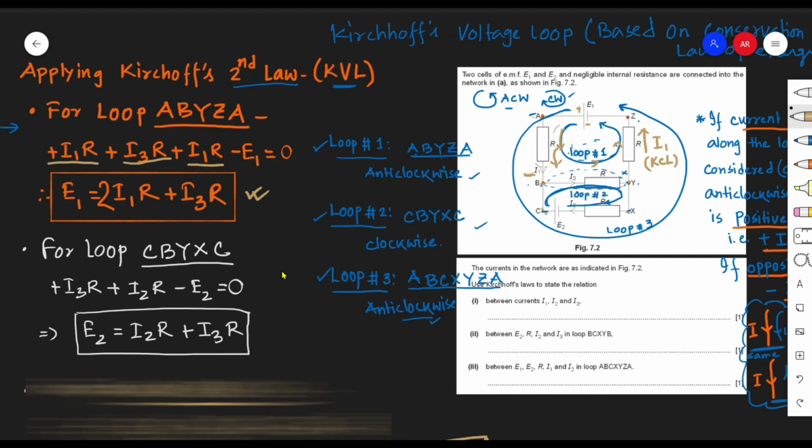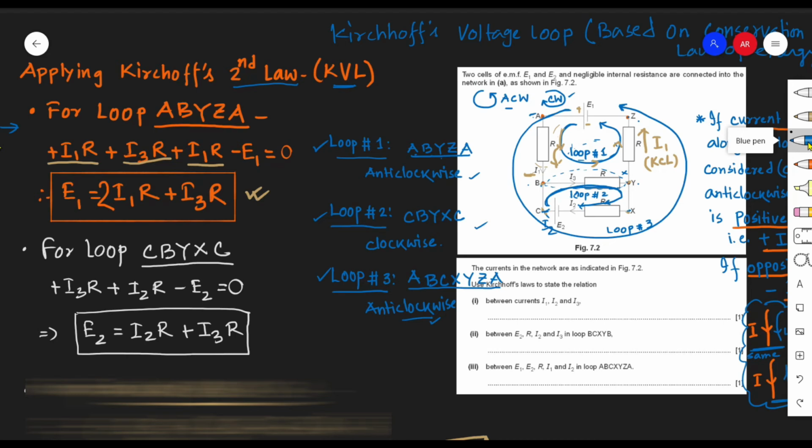This is basically the algebraic sum of all the PDs in this loop ABYZA. It is 0. When we transposed E1, we got the expression I1R plus I1R, meaning twice I1R, plus I3R. So this is the expression that we got for the upper loop, the first loop that we considered here, ABYZA.